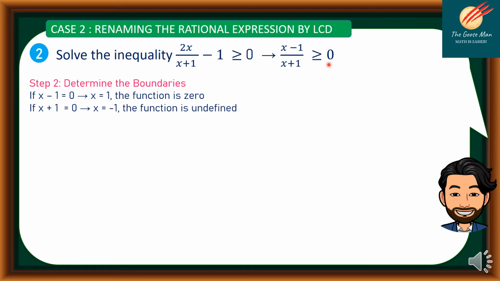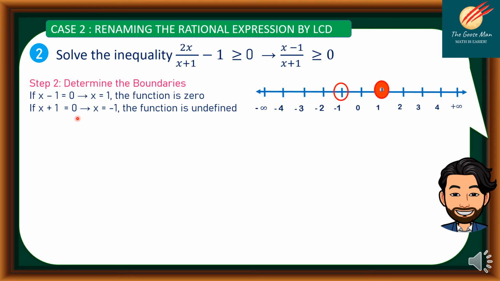On the other hand, if x plus 1 equals 0, the function is undefined. Therefore, on the number line, I'll use a whole circle, meaning I'll include 1. On the other one, I'll exclude negative 1. So these are my boundaries now.